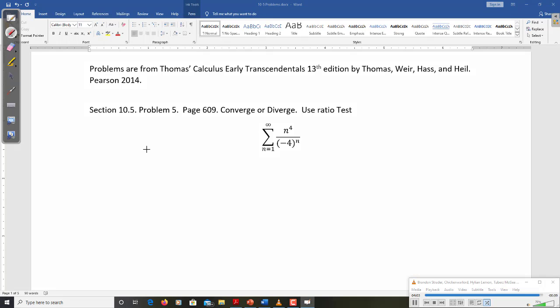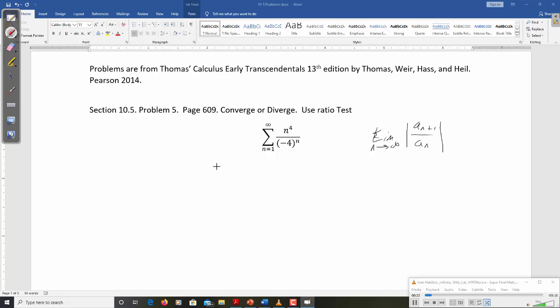So let's see here. Ratio test then. The nice thing is that we are finding the limit as n goes to infinity of the absolute value of a sub n plus 1 over a sub n. With that in mind, I don't really have to consider the negative because it is an absolute value.